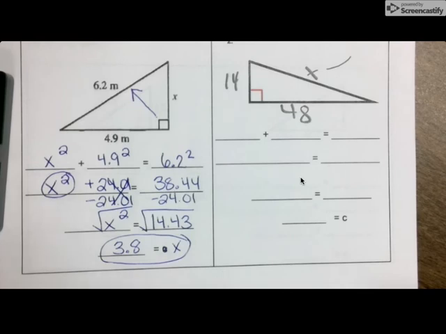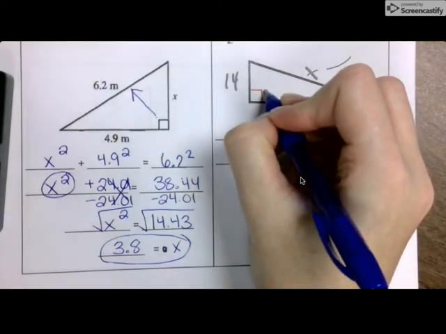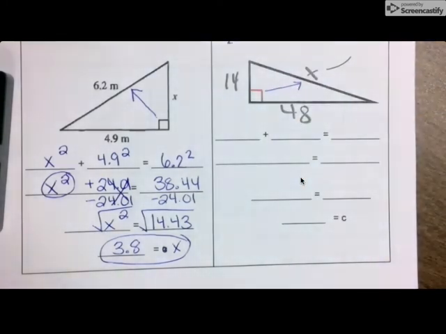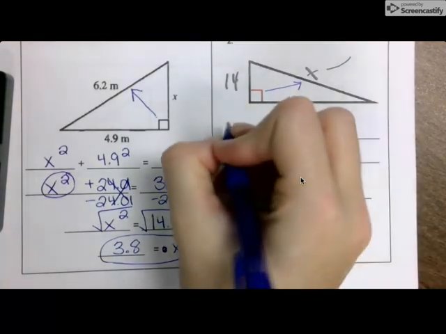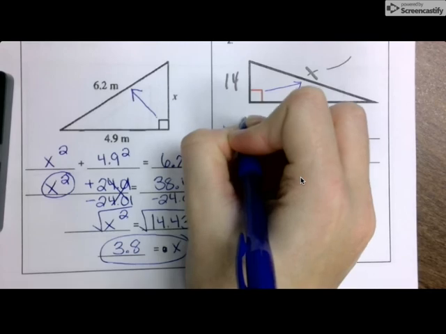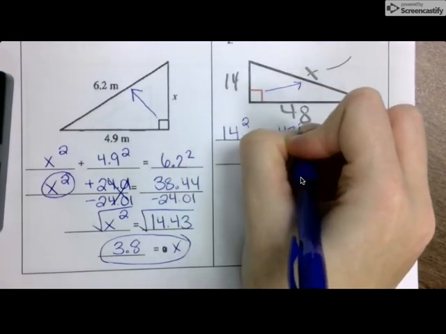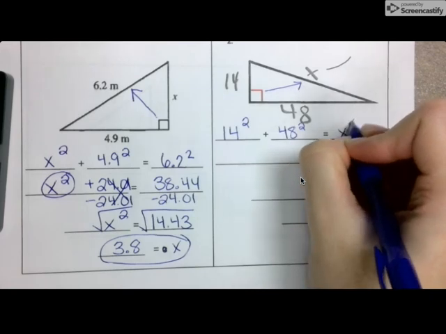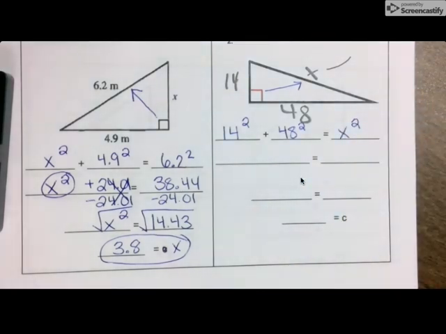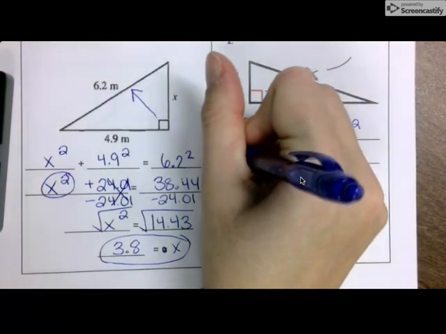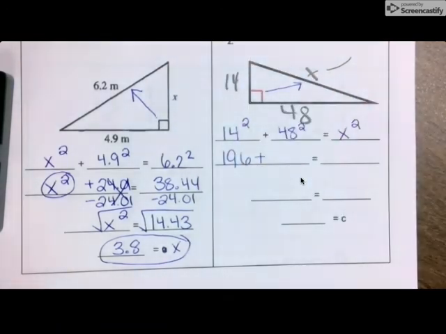3.8 equals x. Okay? Now in the second one, if I take my right angle and I go across, I end up with my x being my hypotenuse. So in this one, I would do 14 squared plus 48 squared equals x squared. So what's 14 squared? 196. What's 48 squared?